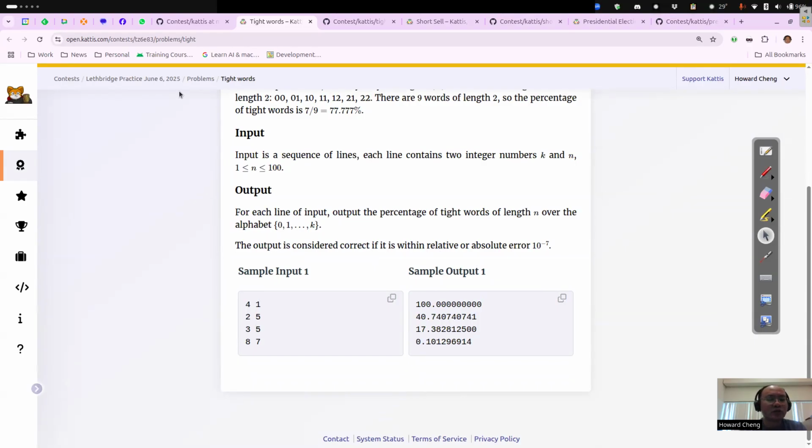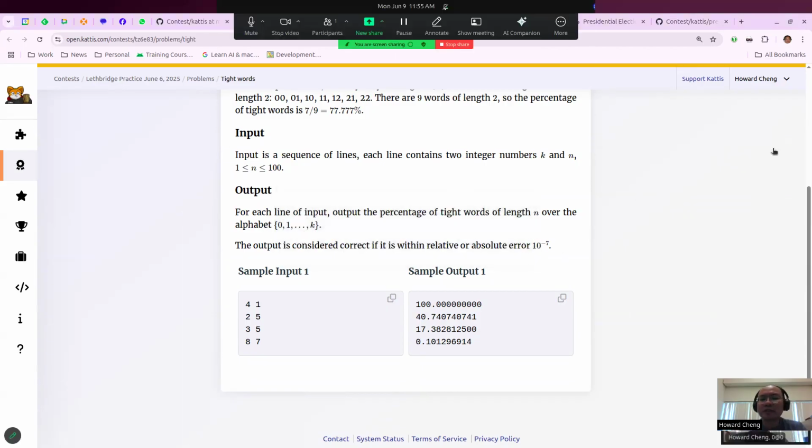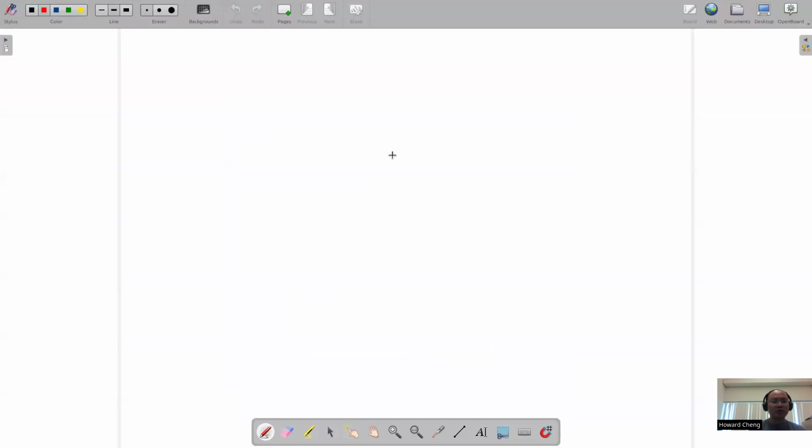Okay, so what's the percentage? Percentage equals the total number of tight words divided by the total number of words of any kind.